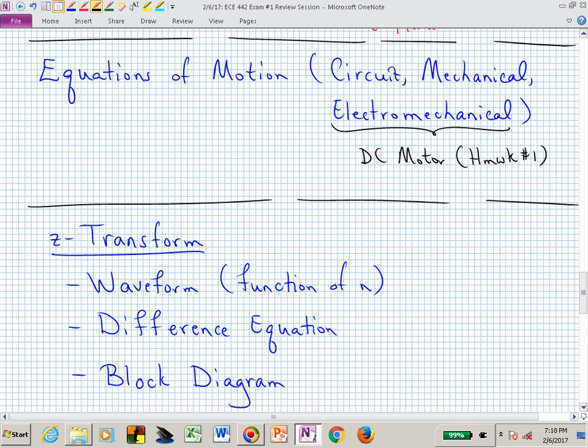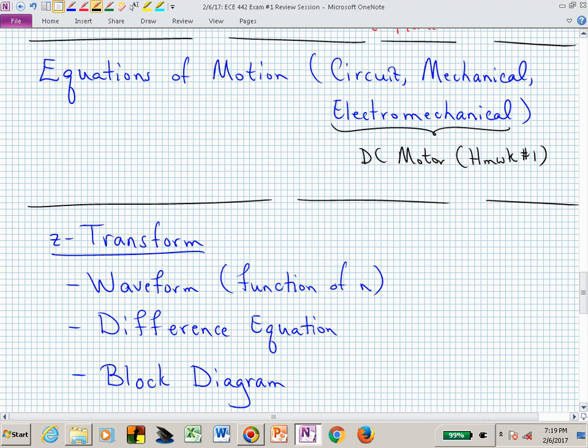In the time domain, what are our block diagrams consisting of? What are the dynamic blocks? These, right? Delays, unit delays. In the frequency domain, those are z to the minus 1. Z-transforms.